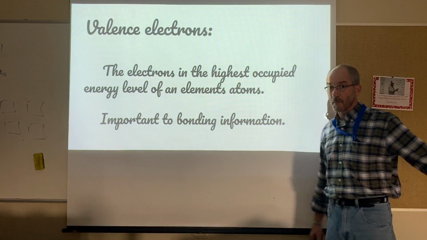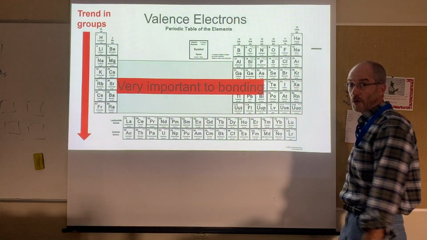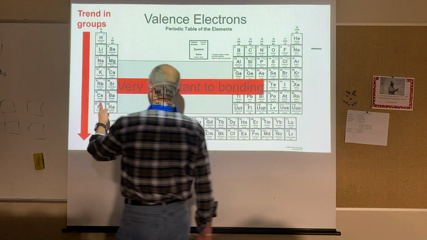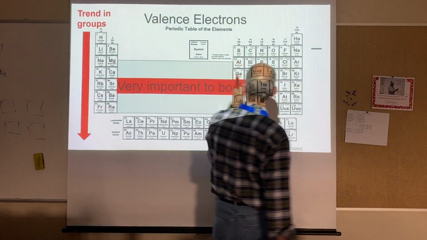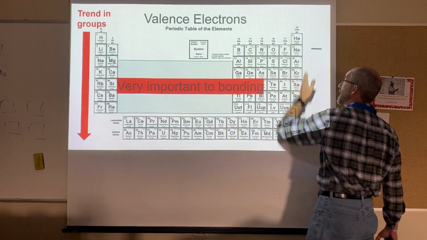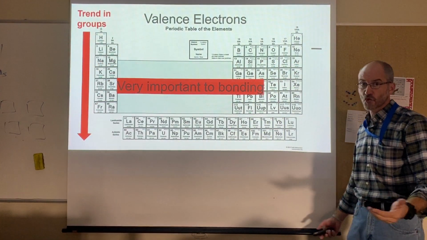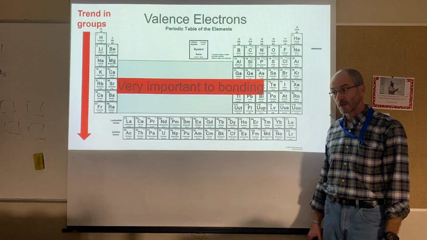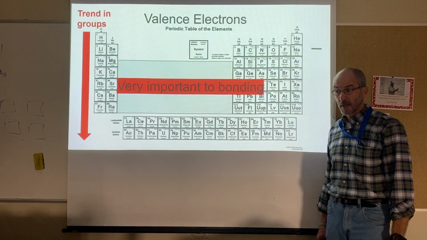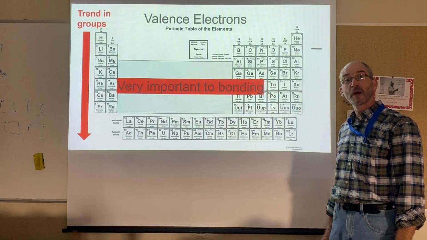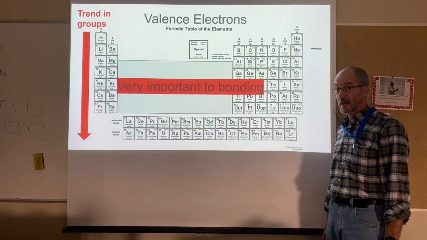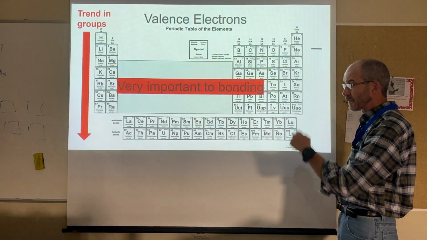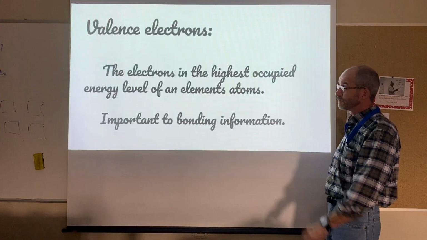Because they're the ones that are going to be involved in bonding. So everybody in this column has one valence electron. Everybody here has 2. Everybody here has 3, 4, 5, 6, 7, 8. That's an extremely simple piece of information because all you're doing is counting. It will become very important to you when you learn more about bonding. So that's pretty simple, something for us to begin thinking about.